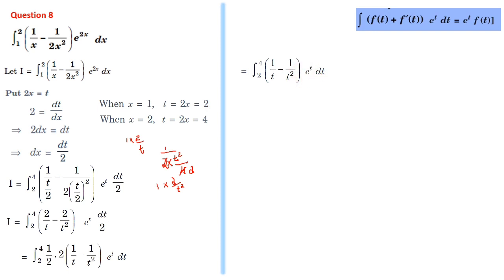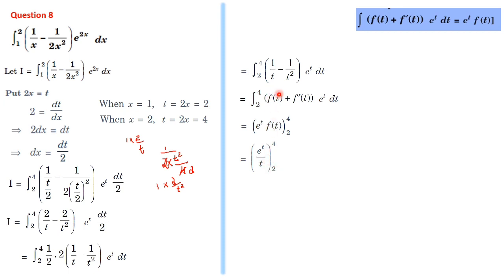Now it is quite clear that it is purely in this format, a function that is 1 by t and its derivative minus 1 by t square, into e raised to t dt. So it is e raised to t f of t, that is integral 2 to 4, the format we have written, that is the integral value: e raised to t into f of t, where the function is 1 by t, that is e raised to t into 1 by t, integral 2 to 4.